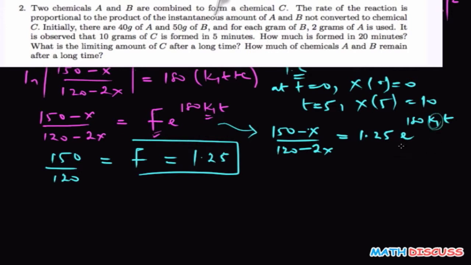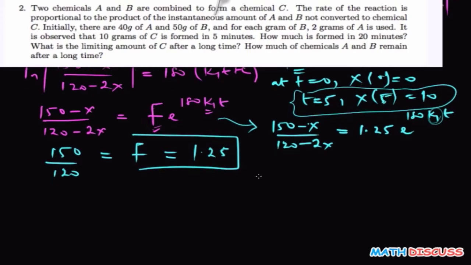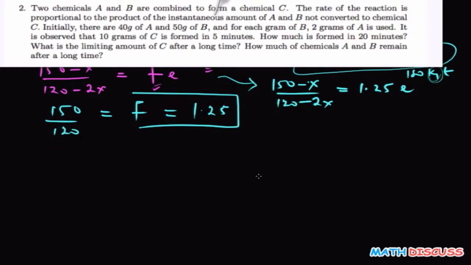I need to remove the k1 from there. So to remove that k1, I'm going to use the second initial condition. The second condition says that when t is 5, x is 10. So let's use that.